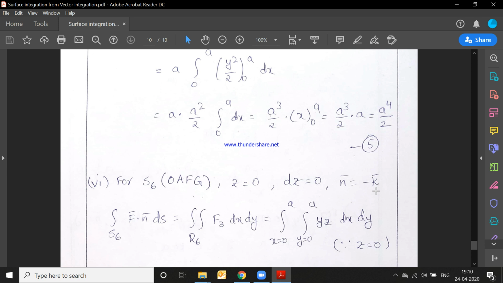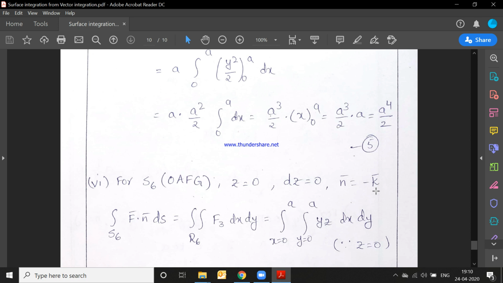So the integral over S6 of f bar dot n bar ds is equal to the double integral over R6 of f3 dx dy. Because dz is 0, two terms are zeros, we get f3 dx dy, with x from 0 to a, y from 0 to a, yz dx dy, but z value is 0, so that's why the integration value is 0.